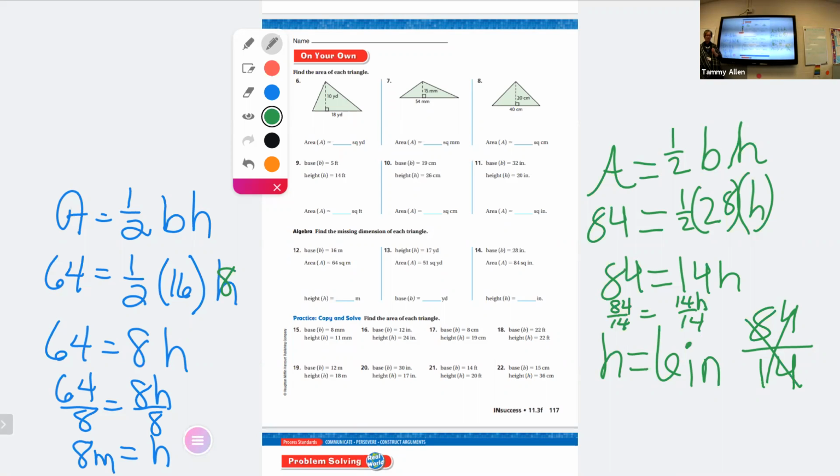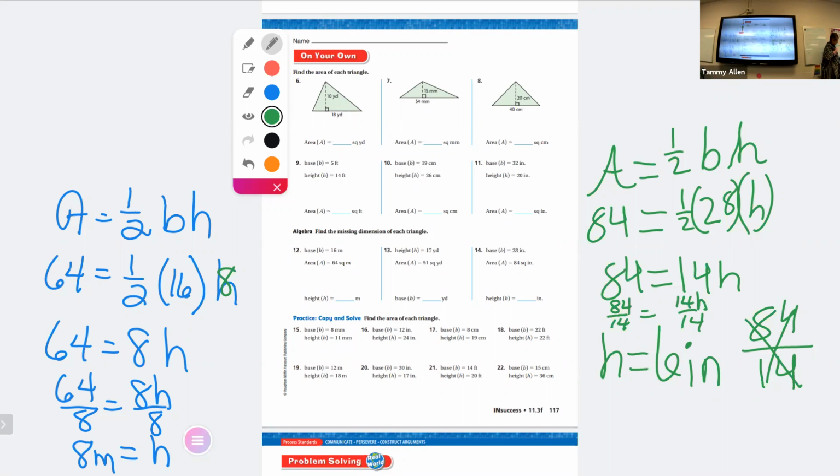Half of 28 is 14. Anything else? That there would be the triangle formula.